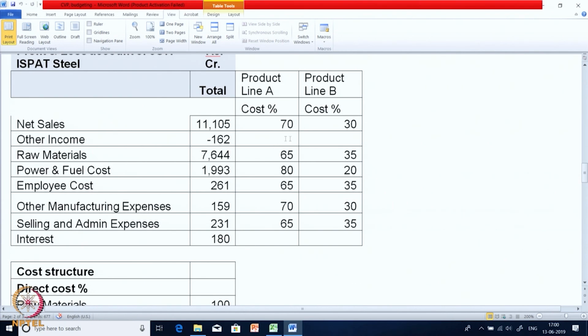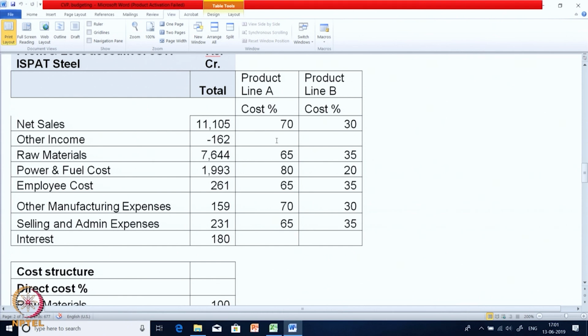Okay, let us go ahead. First of all, please do the basic calculation, because we know the total information. Break it down into product lines A and B. Simultaneously, we also have to break down variable and fixed costs, because in marginal costing our emphasis is on segregating variable and fixed costs, and we write in a particular format.